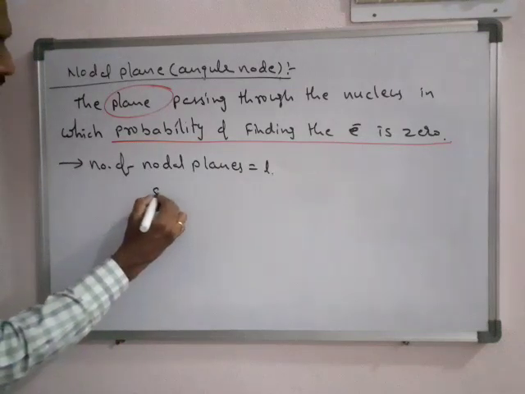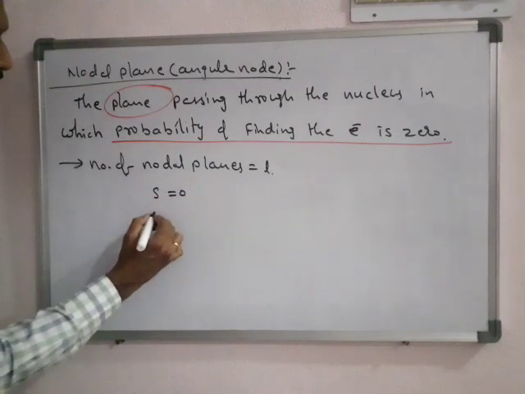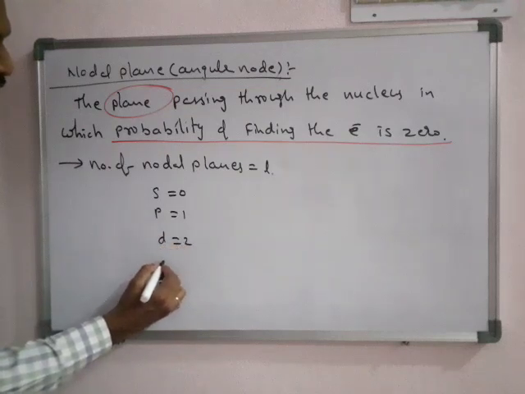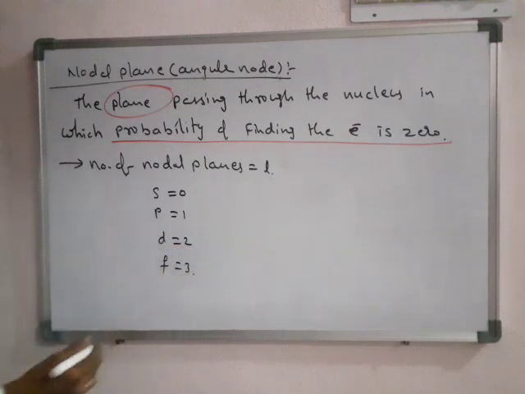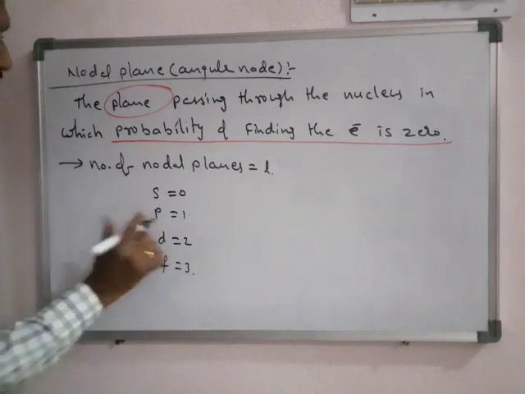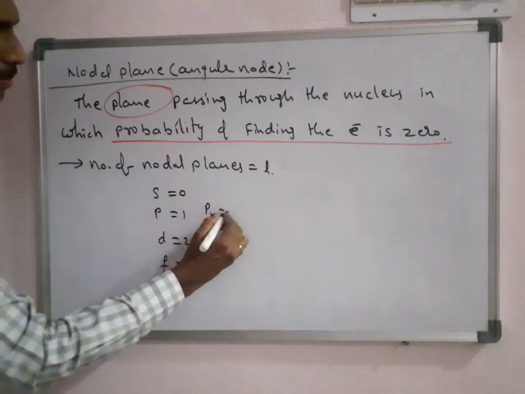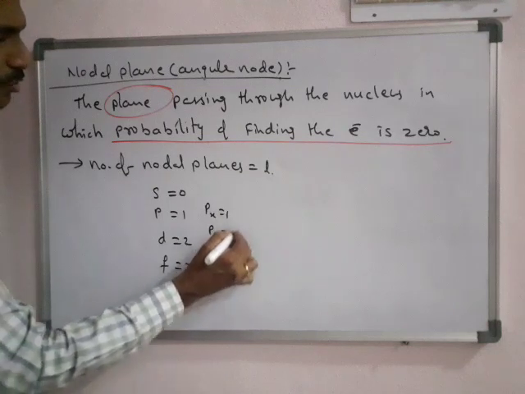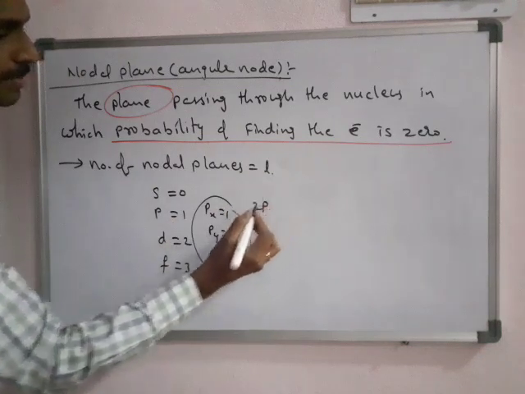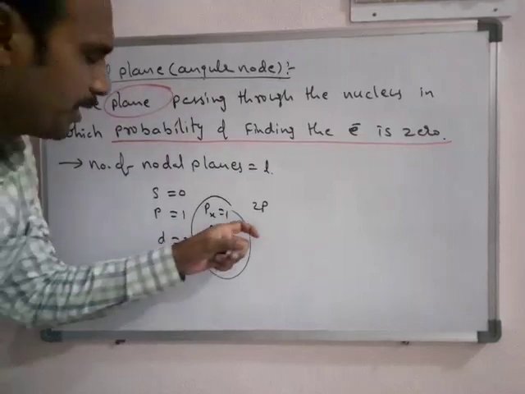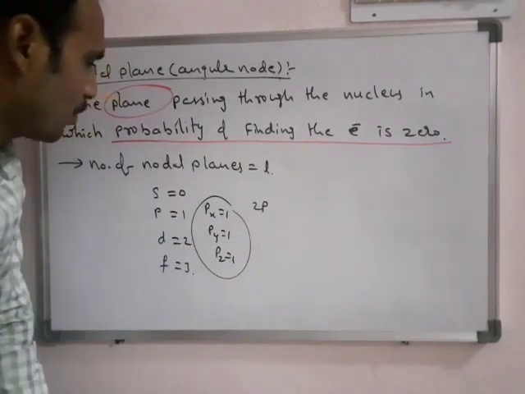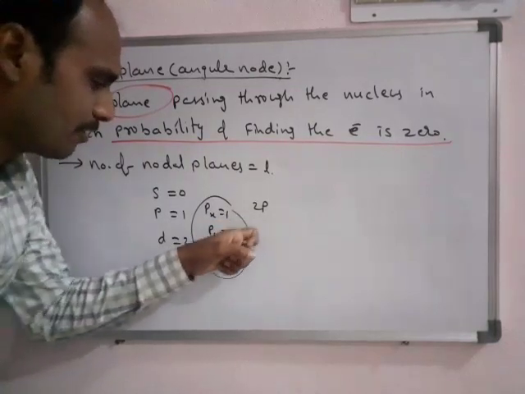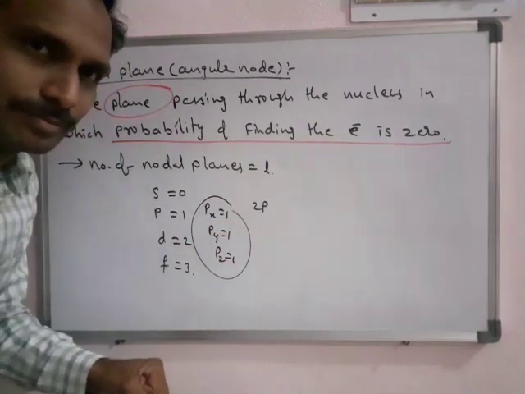Means for s subshell it is 0. For p subshell it is 1. For d it is 2. For f it is equal to 3. So this is for orbitals. For example, for px equal 1, py equal 1, pz equal 1. Now if we calculate for the 2p subshell, the nodal planes: 2px has 1, 2py has 1, 2pz has 1.